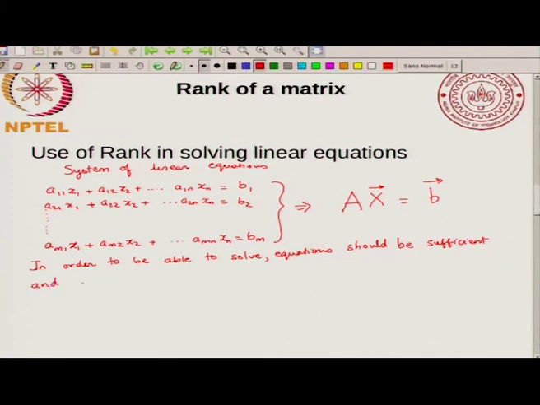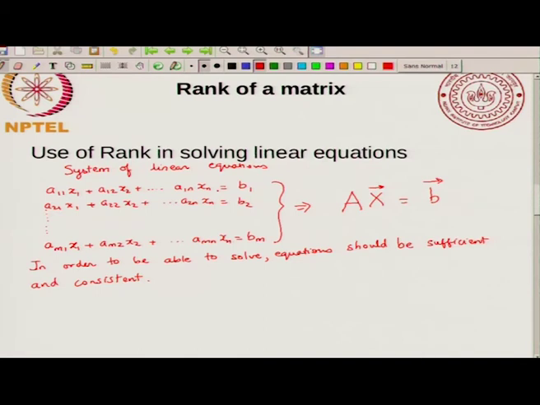In general, we said that not only should the number of unknowns be equal to the number of equations, but also that the equations should be internally consistent with each other. You cannot have equations that are inconsistent.